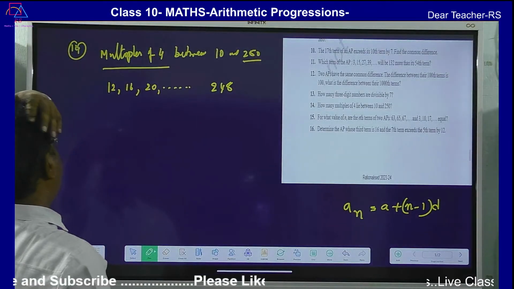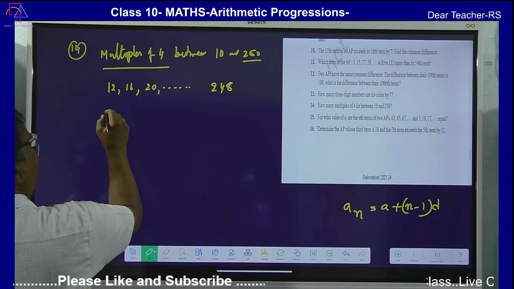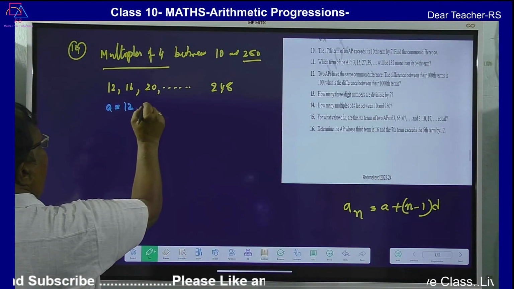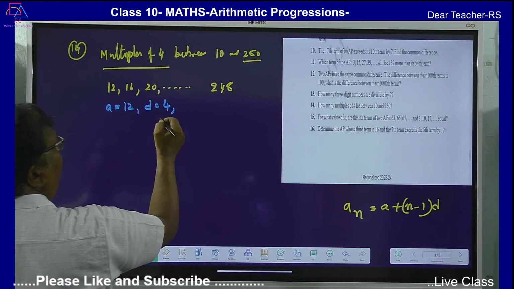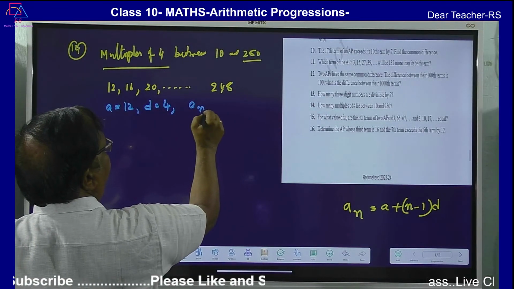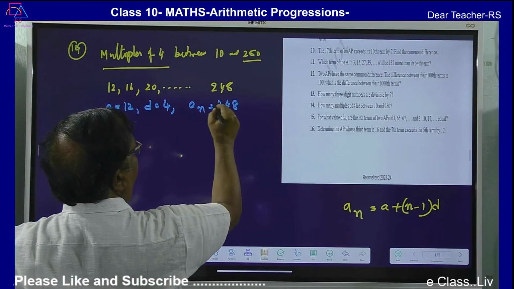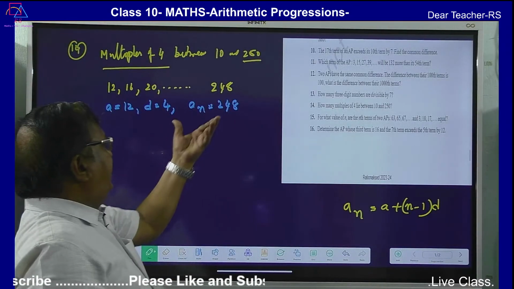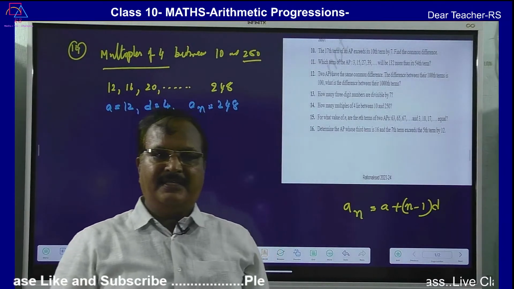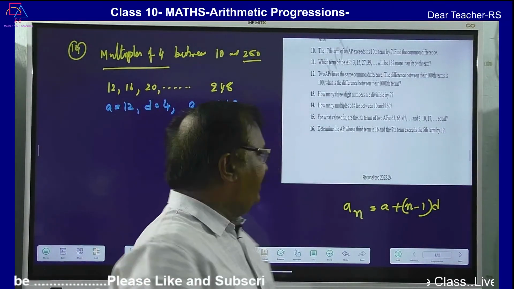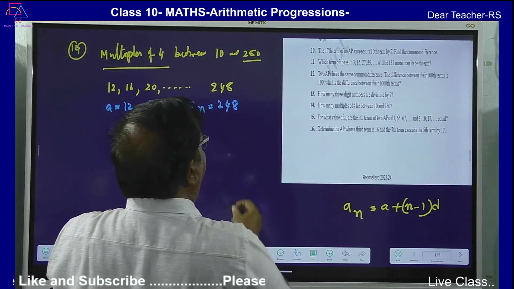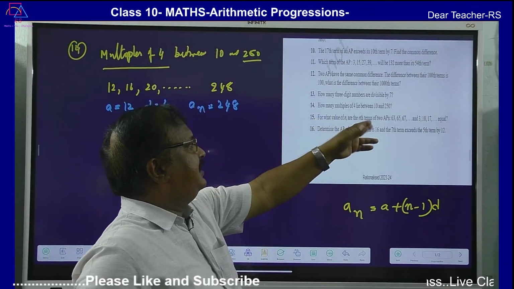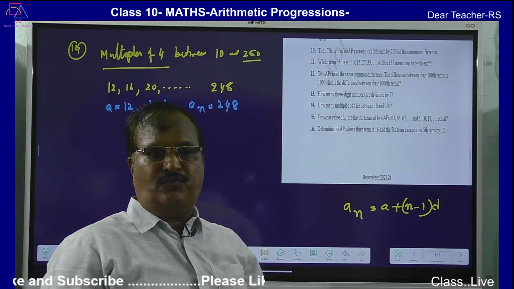Then a is equal to 12, d is equal to 4 and an is equal to 248. Put in the an formula, a plus n minus 1 into d, and then you will get n, and those many multiples are there between 10 and 250.